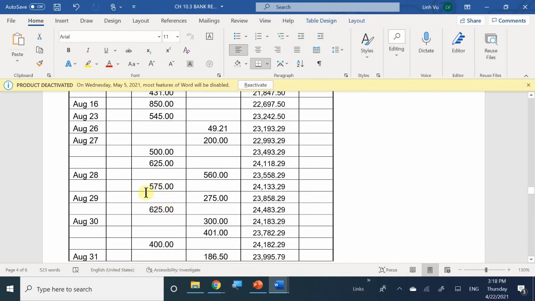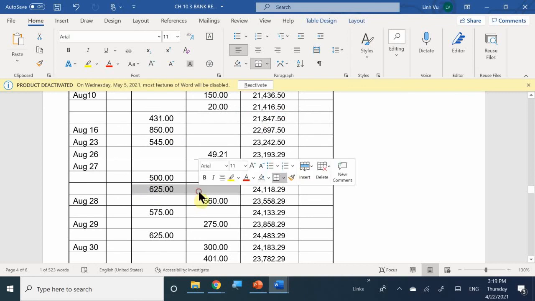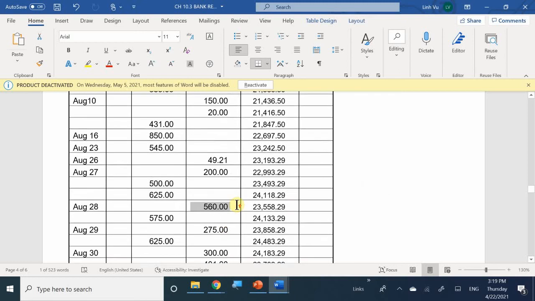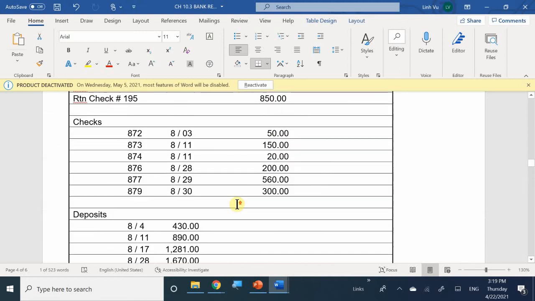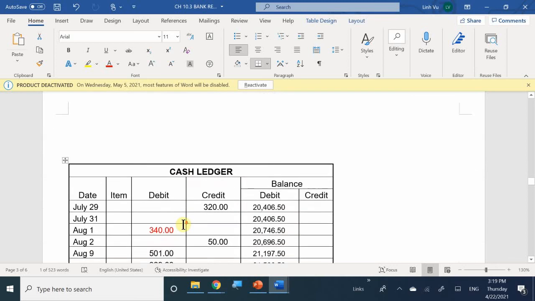We had the 500, the 625, and the 545, so yes, all of this has cleared. Did we write a check out for $560? Yes. So we're still good in our books here.